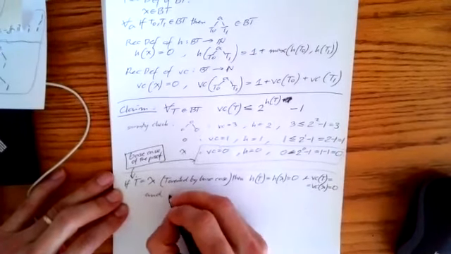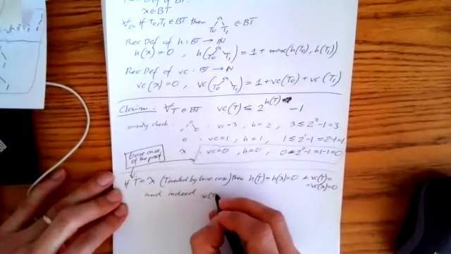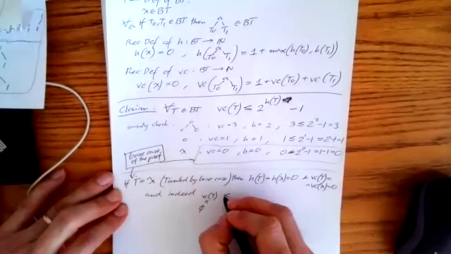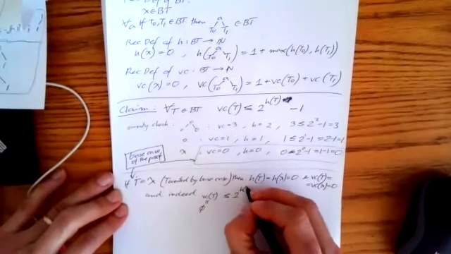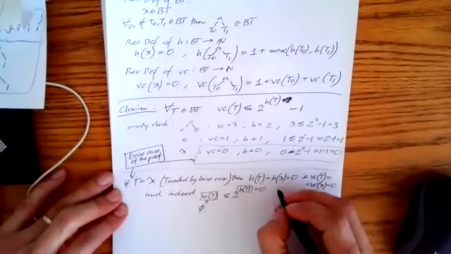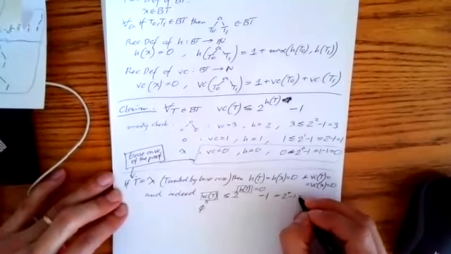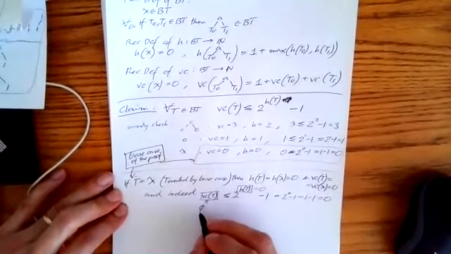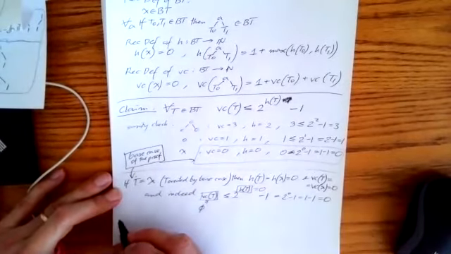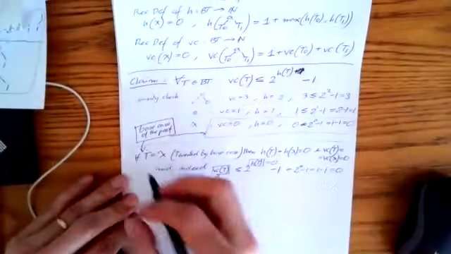And indeed, it holds that VC of T, which we said was 0, is bounded by 2 to the height of T minus 1, because this is 2 to the 0 minus 1, which is 1 minus 1, which is 0, and it's true that 0 is upper bounded by 0. Okay, so that's the base case. First part of the proof.